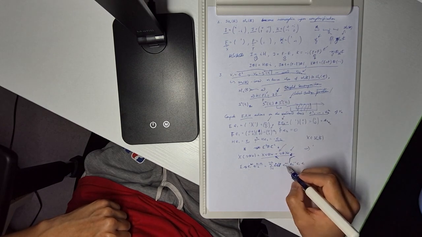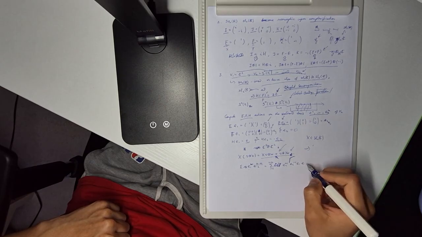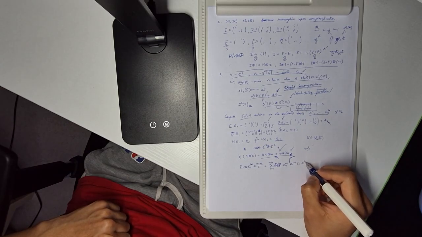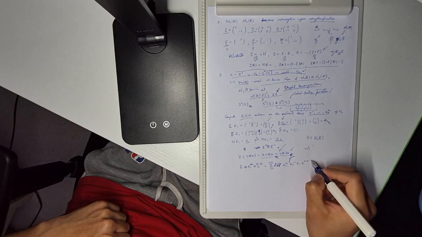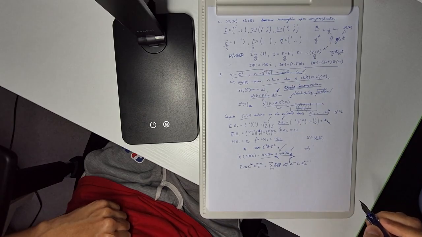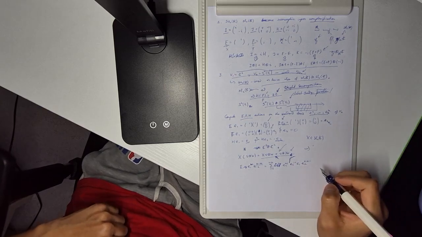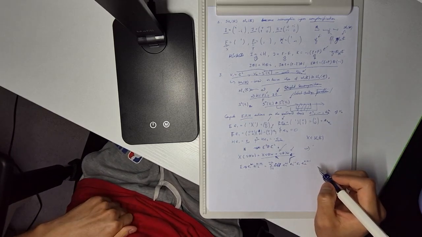Then we need to conserve this total power. E1 to the m minus i, E2 to the n minus m plus i. Yeah, I think this is what we have.